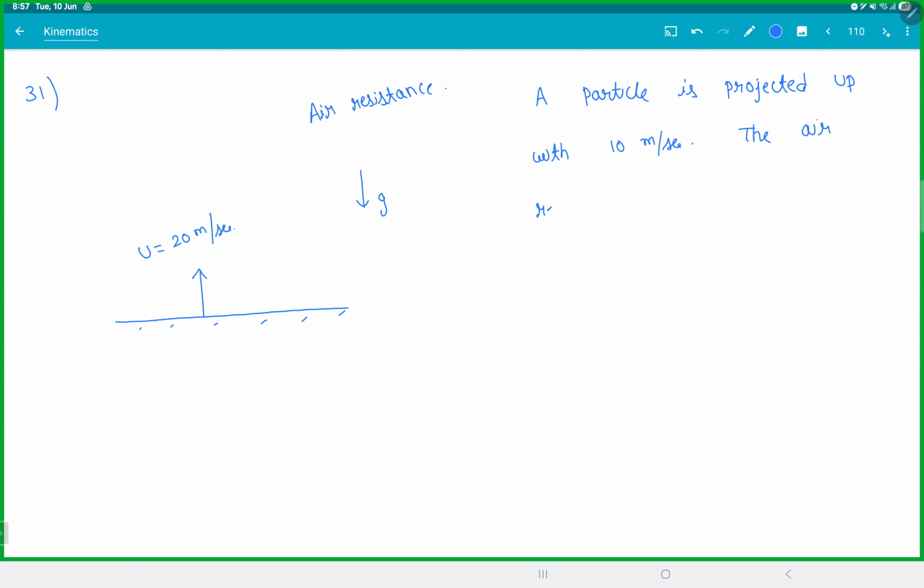The air resistance provides an opposing force to velocity of 0.2 mg, where m is the mass of the particle.